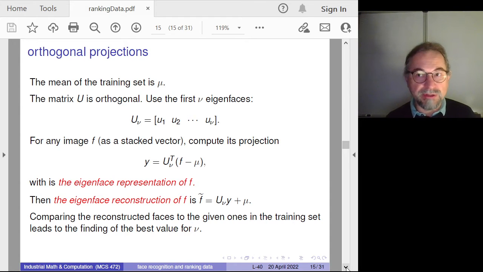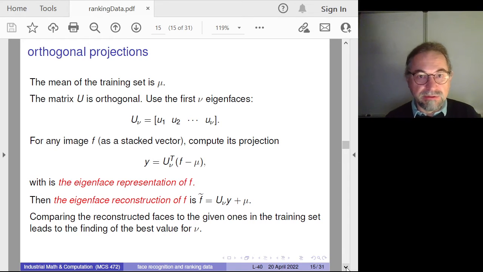It will actually turn out that if you compute a singular value decomposition, you can stop your algorithm after the most dominant, the largest singular values. So we will only take the first nu eigenvalues. So mu is the mean, nu is the number of eigenfaces that we consider.